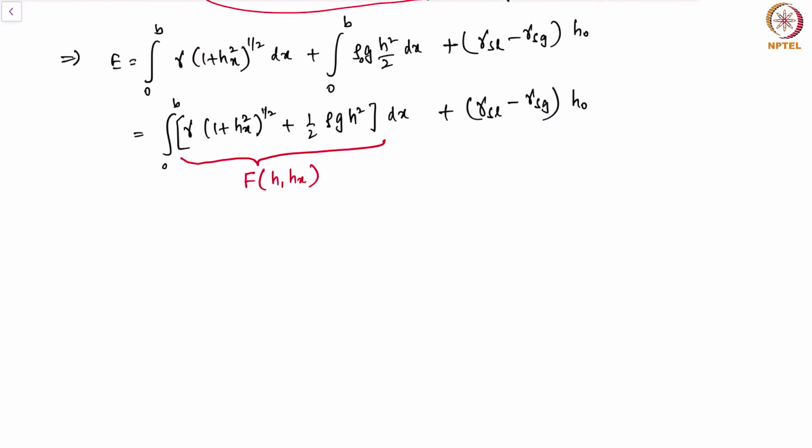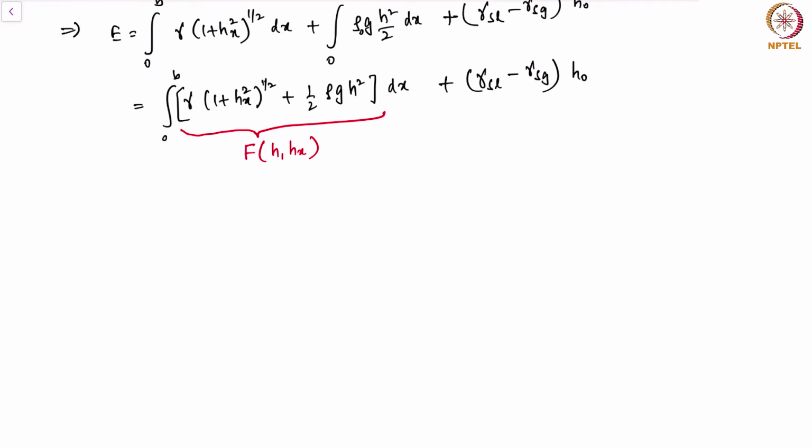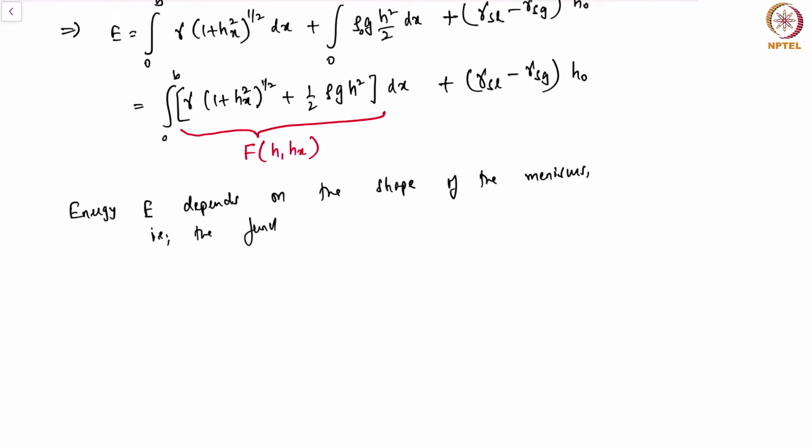Now this quantity is special because the energy E depends on the shape of the meniscus, that is the function h of x. It depends on this function h of x.